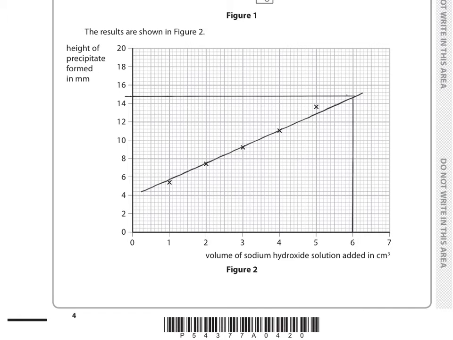So this becomes 2 little squares above 14, which is 14.8. Now, it didn't matter what value you got, but you had to read it accurately off the graph, which lots of people failed to. So the answer in there is 14.8.